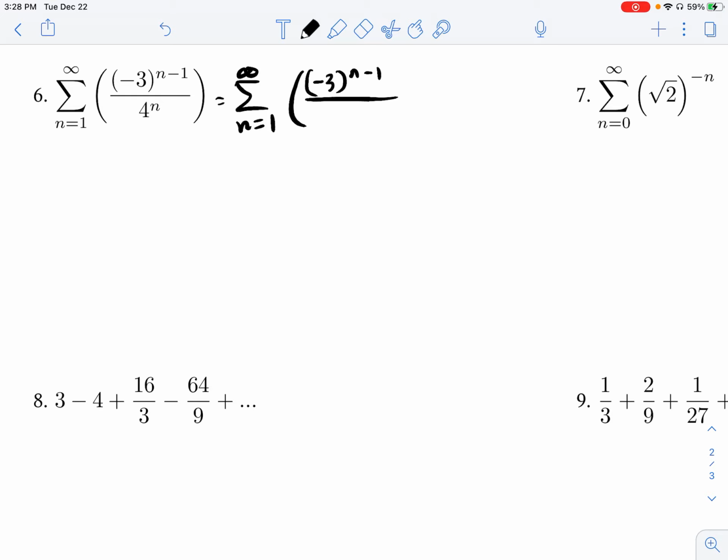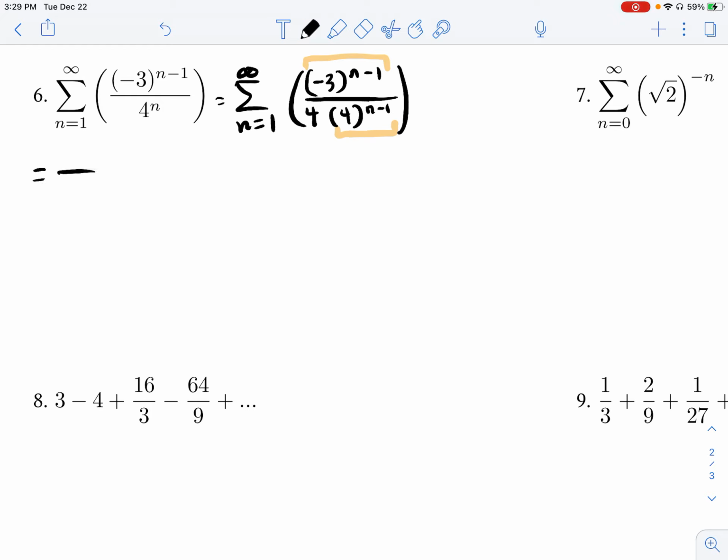But if I rewrite my denominator as 4 times 4 to the power of n minus 1, and just pause and look at that for a second, because we're just using power properties. We're rewriting 4 to the n as 4 times 4 to the power of n minus 1. If we just add up those powers there, we still get 4 to the n. And that's big for us because we notice that I have the same powers here.